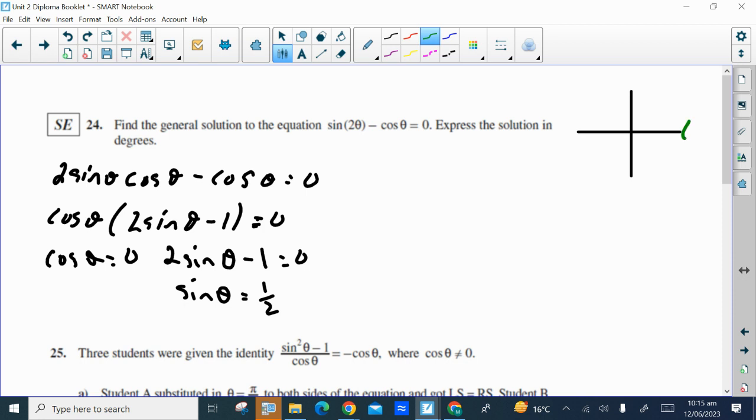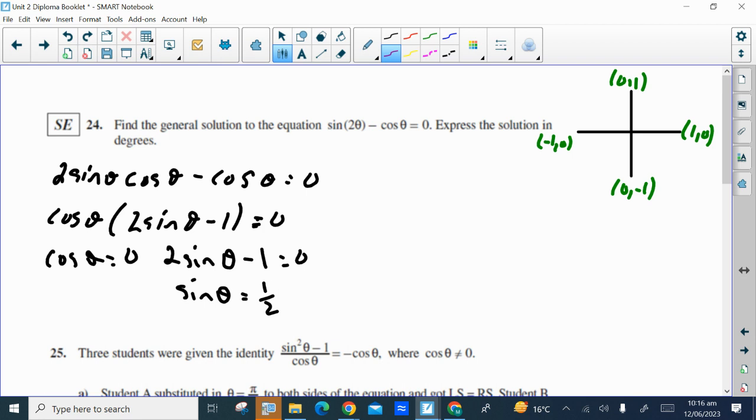So here it is 1, 0, 0, 1, negative 1, 0, 0, negative 1. Remember that the cosine is the first number in the ordered pair. And so the cosine equals 0 up here at pi on 2 and down here at 3 pi on 2. If you were looking for solutions between 0 and 2 pi, that'd be your answers.